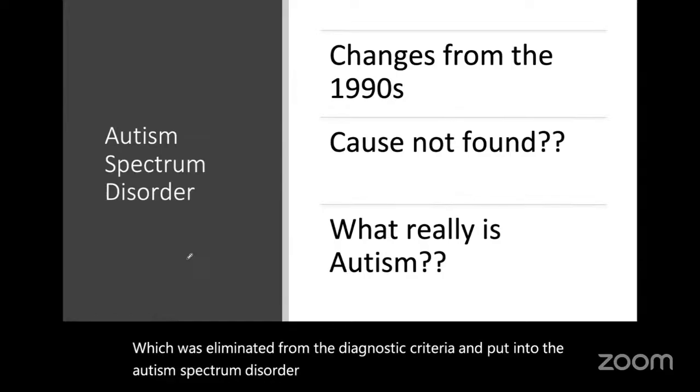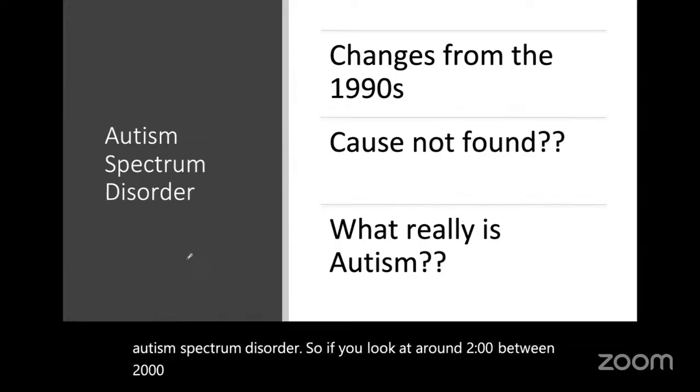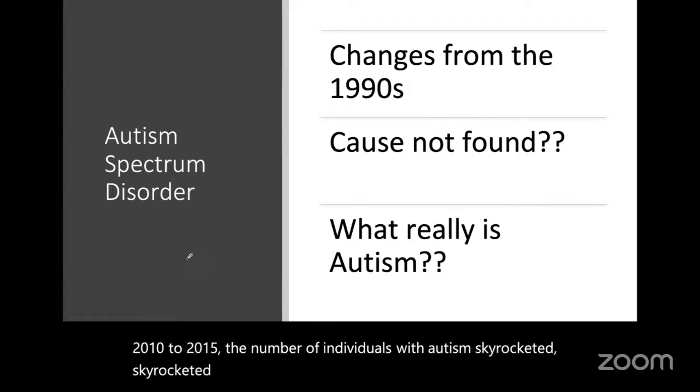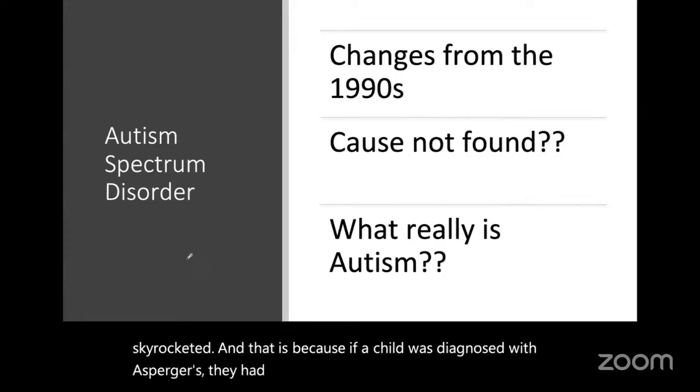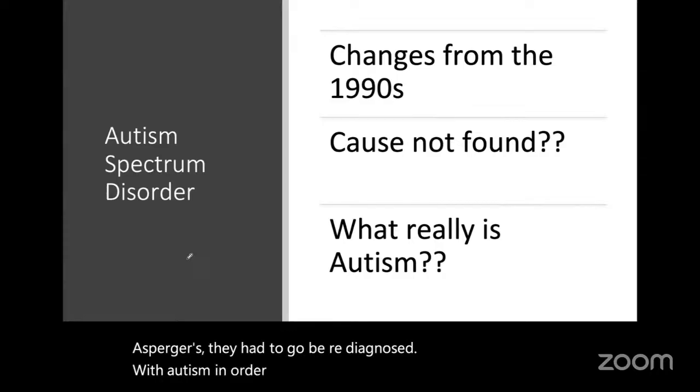So if you look at around between 2010 to 2015, the number of individuals with autism skyrocketed. And that is because if a child was diagnosed with Asperger's, they had to be re-diagnosed with autism in order to continue their care. And then you have the public awareness part of it.